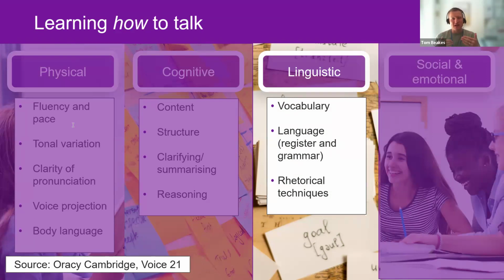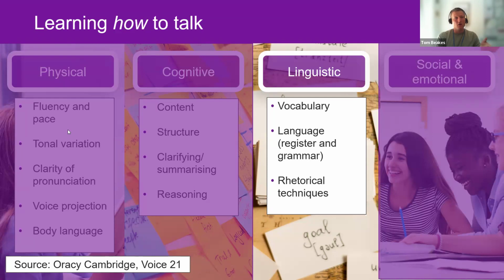So of course they mean by register the level of formality that we might use. And I guess by grammar, they're really referring to using standard English grammar or standardized English grammar. Of course, they don't really mention what variety of English they're talking about, but this is for a UK context, so I guess we can assume it's standardized British English, whatever that might be.